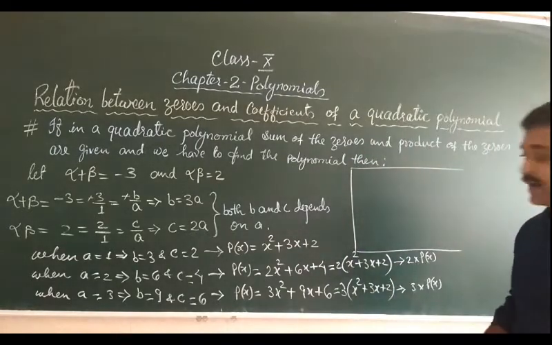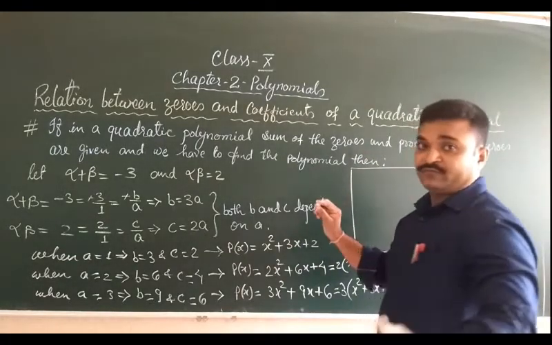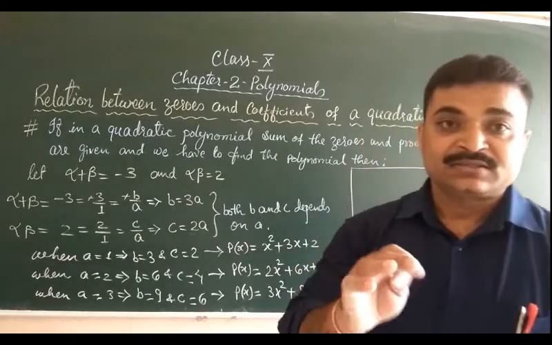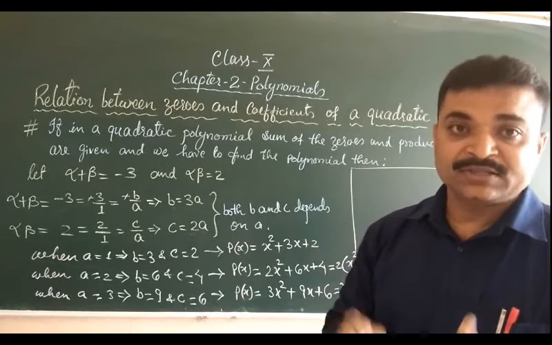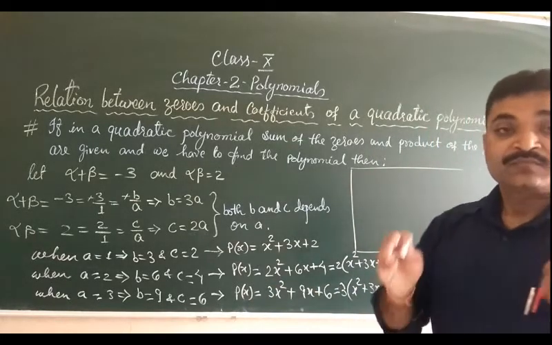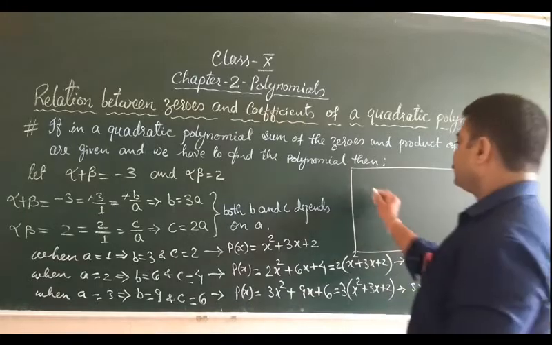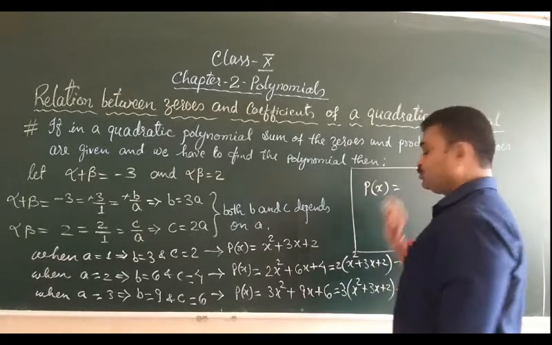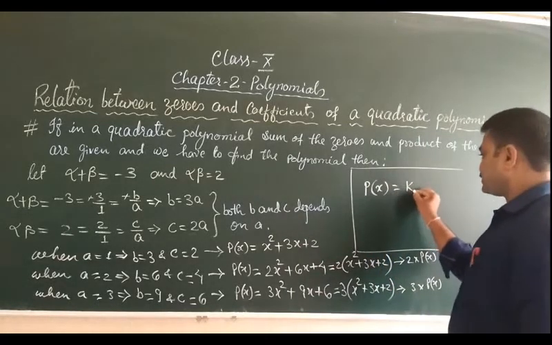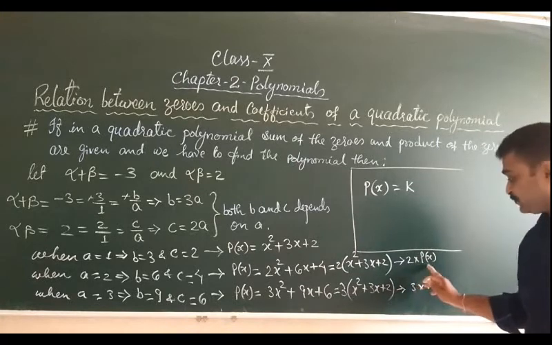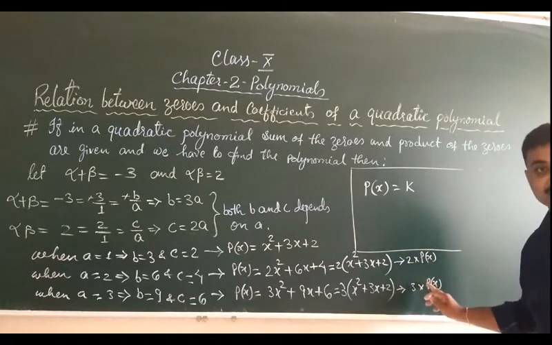So now students, if we are given the sum and product of the zeros and we have to find the polynomial, then the formula will be p of x is equal to k times. Why k times? Because it is a multiple of p of x.